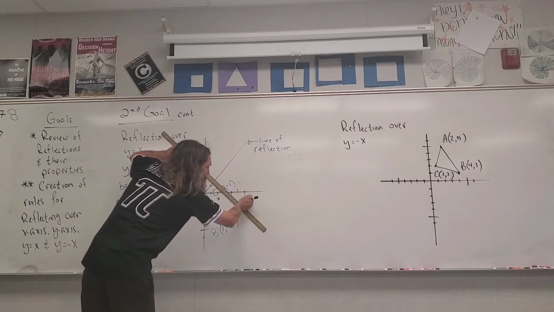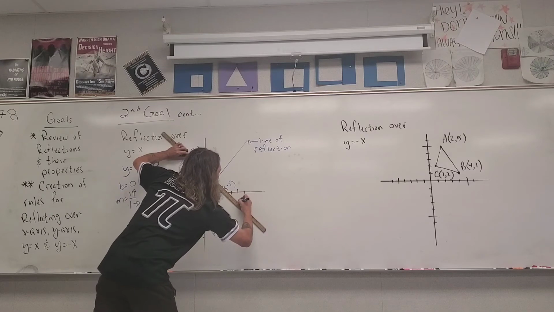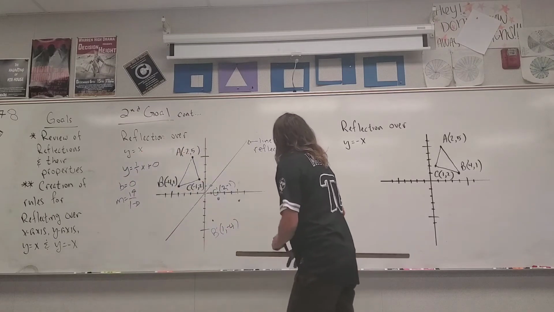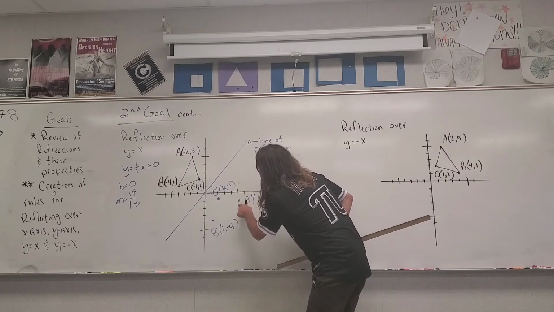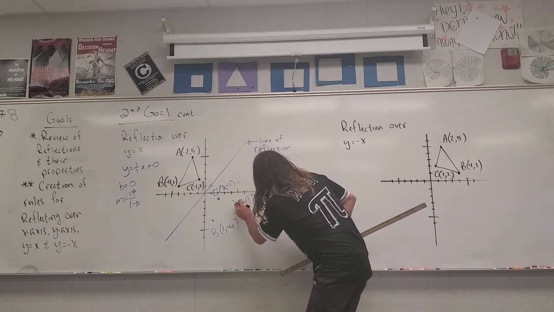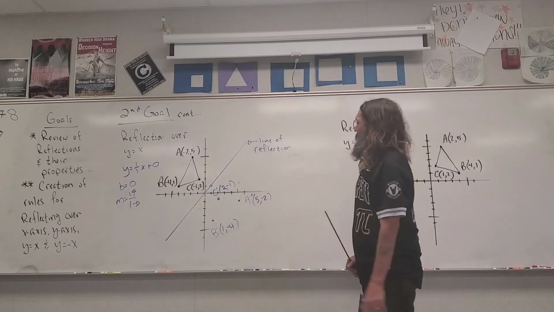All right. There we go. And that's my A prime. And that's at 5, comma, negative 2. It's supposed to be at 5, comma, negative 2.